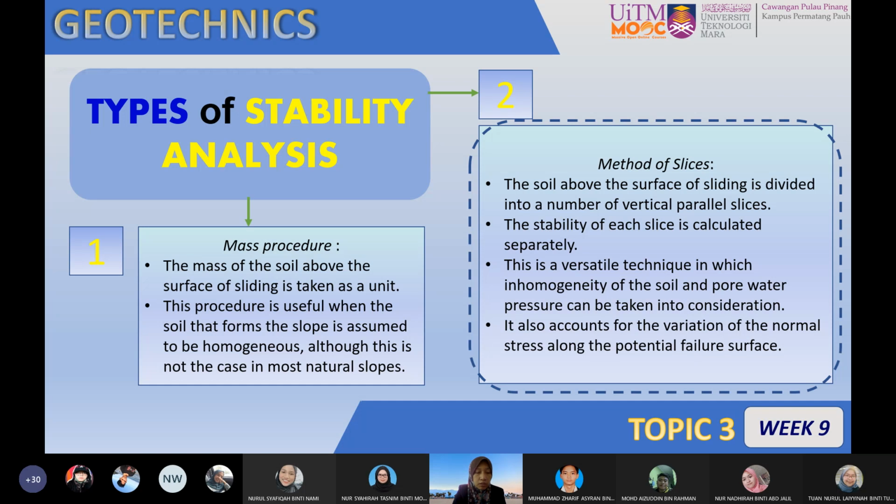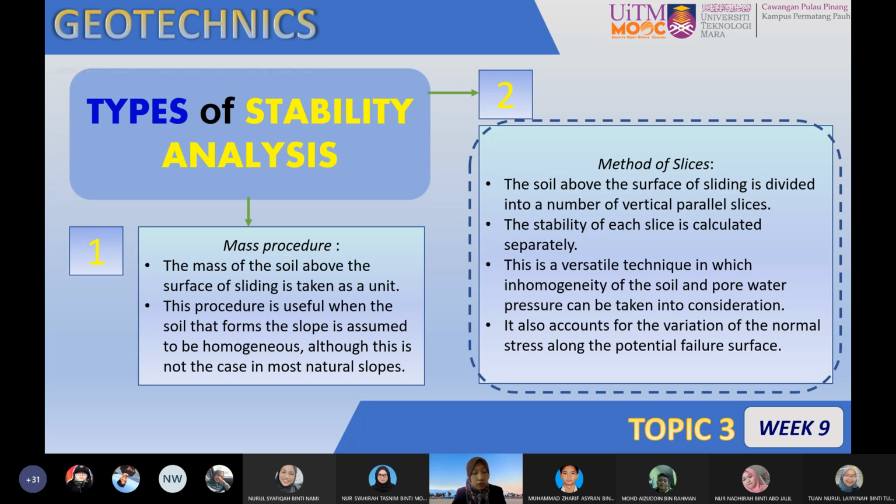The mass procedure is when the mass of the soil above the surface of sliding is taken as a unit. This procedure is useful when the soil that forms the slope is assumed to be homogeneous, although this is not the case in most natural slopes.